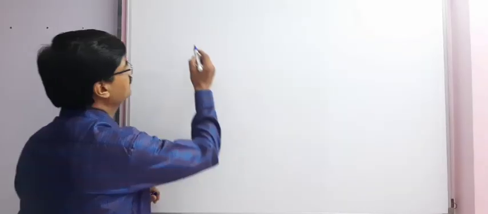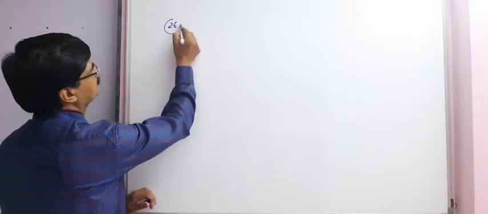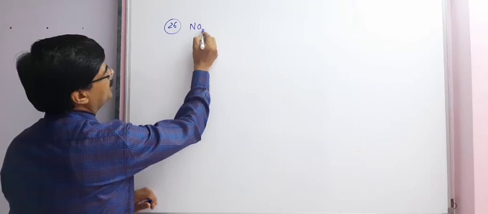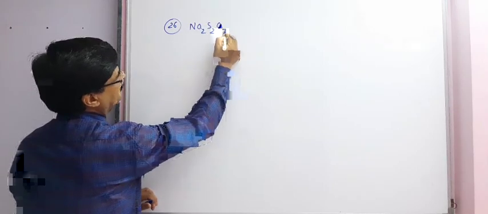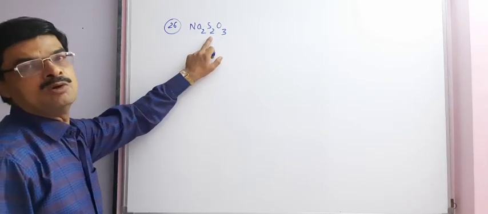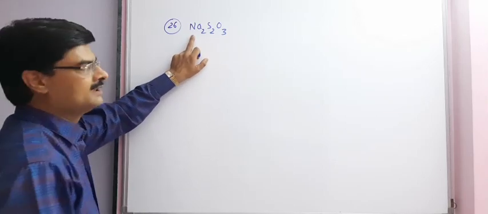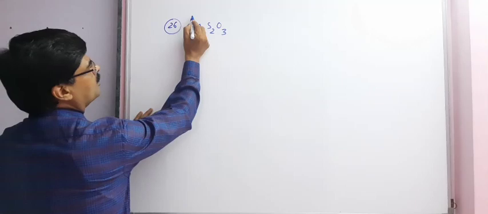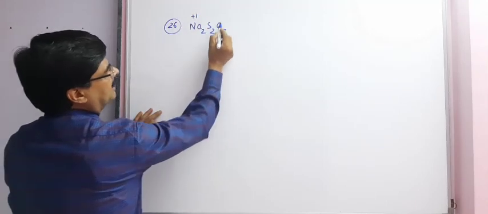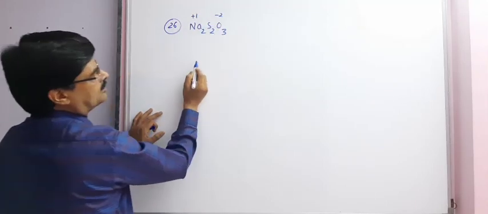Next compound, Na2S2O3. First we find out the oxidation state of sulfur by using the formula method. The oxidation state of Na is plus 1 and of oxygen it is minus 2.